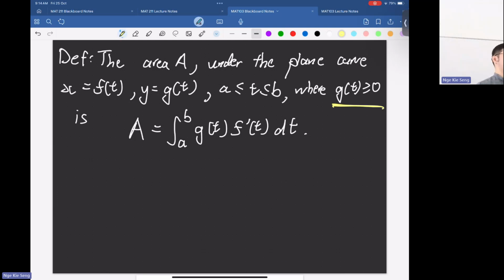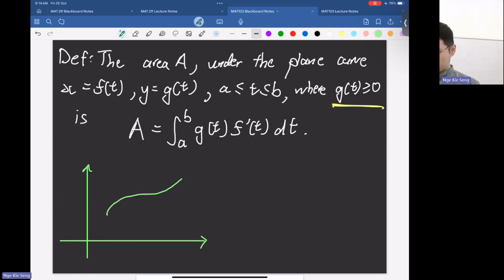Where does this y coordinate lie? Above the x-axis. So let's draw something like that above the x-axis.